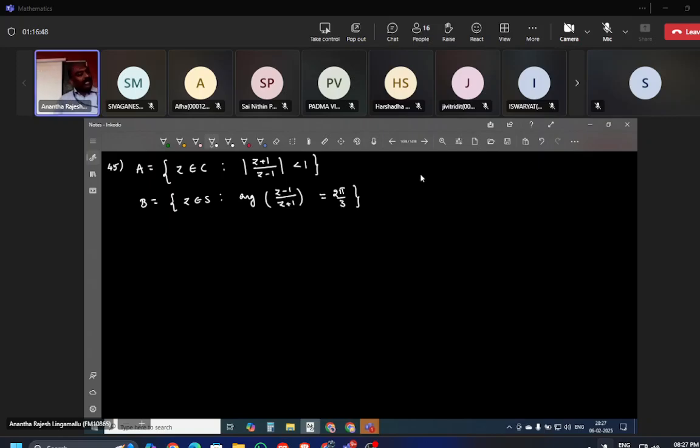Then find A intersection B. That's it. These two are the sets. So can I find their intersection or not? Yes, so they are asking for that intersection.